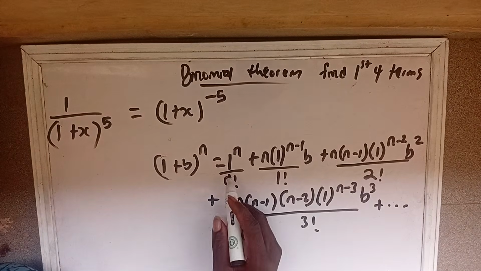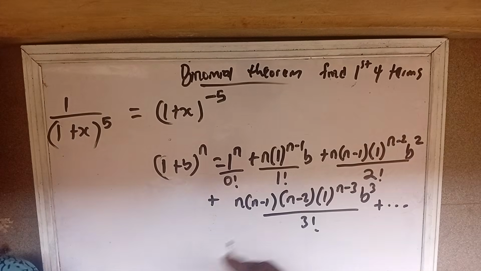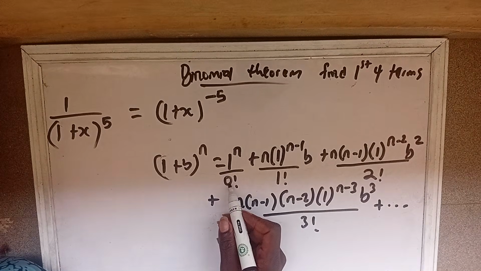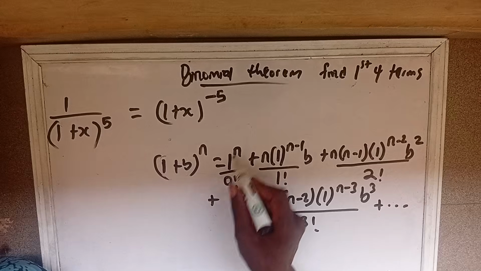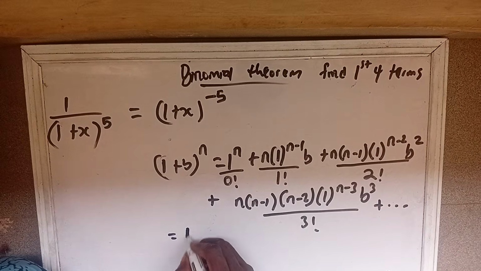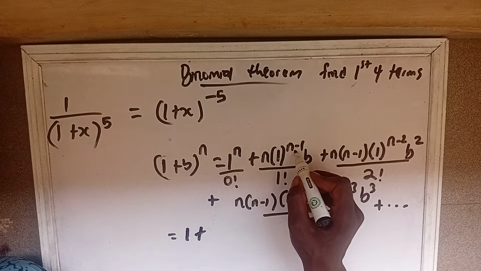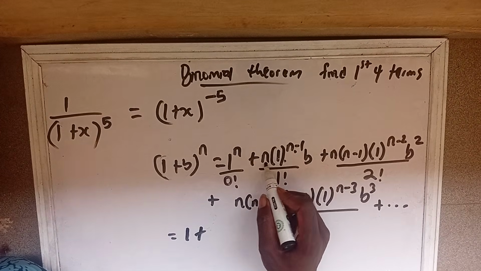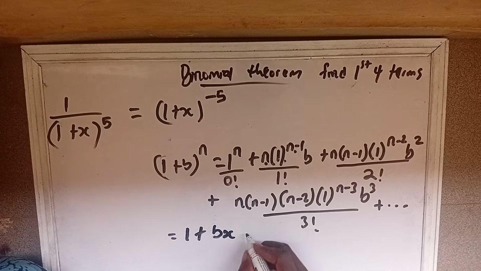Are we together? This is the first four terms. So 0 factorial is 1. Since n is a natural number, 1 raised to the power n is 1, over 0 factorial which is 1, plus 1 raised to the power n minus 1 is also 1, times n times b.